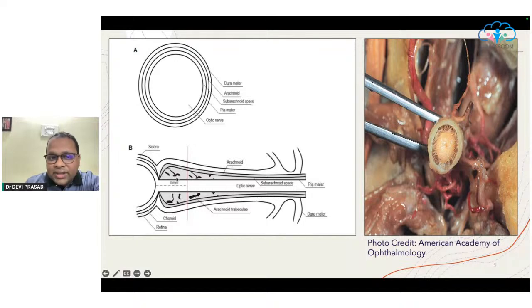This is due to the difference in the arachnoid granulations which are present over here, and by far it has been proved beyond any doubt that it is 3 millimeters down the lamina cribrosa that is the area where the maximum changes in the optic nerve sheath diameter happen.